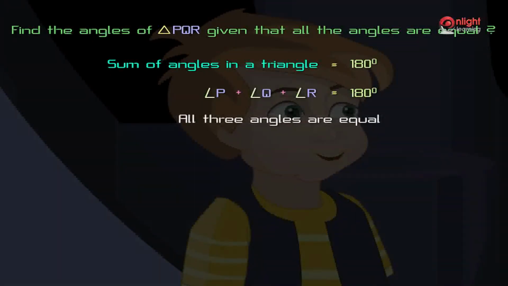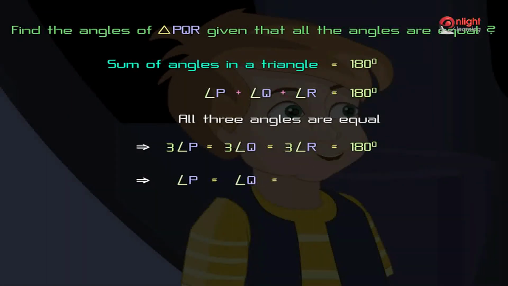Since all three angles are equal, it becomes 3 times angle P is equal to 3 times angle Q is equal to 3 times angle R is equal to 180 degrees. Hence, angle P is equal to angle Q is equal to angle R is equal to 180 degrees by 3 is equal to 60 degrees.